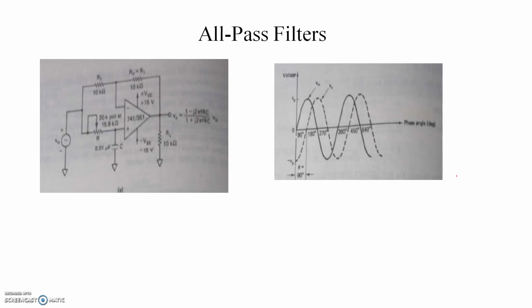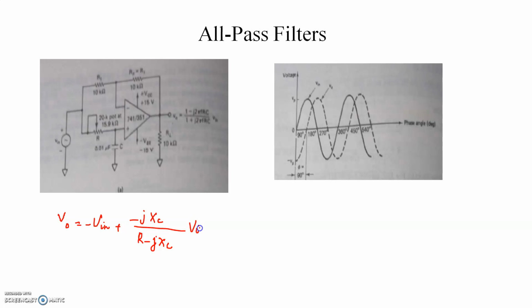In this circuit, we have chosen RF equal to R1. The output voltage Vo of the filter can be obtained by using the superposition theorem, and it is given by Vo equal to minus Vin, the inverting part, plus the non-inverting part, (minus jXc divided by R minus jXc) into Vin into 2, because a capacitor is here.